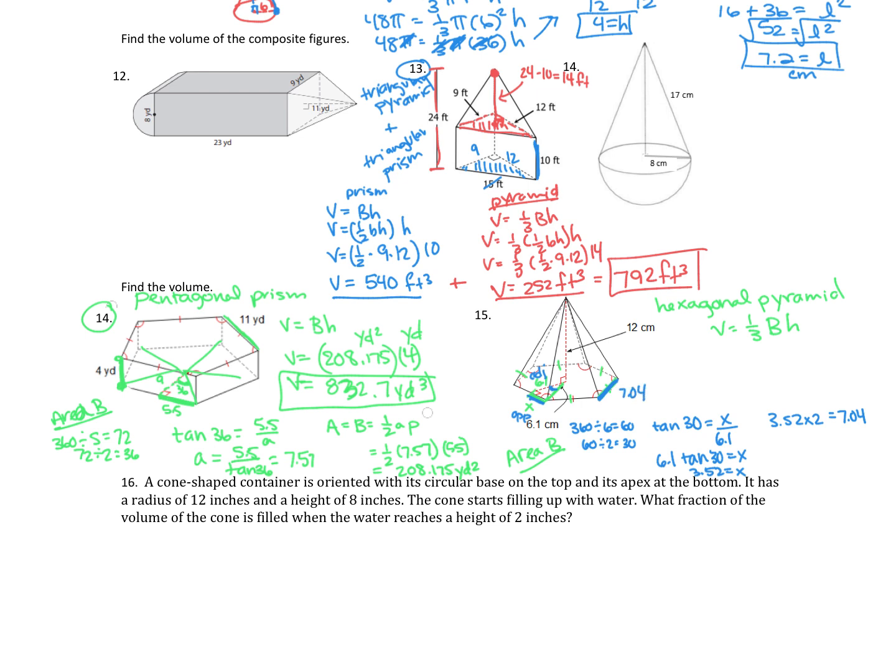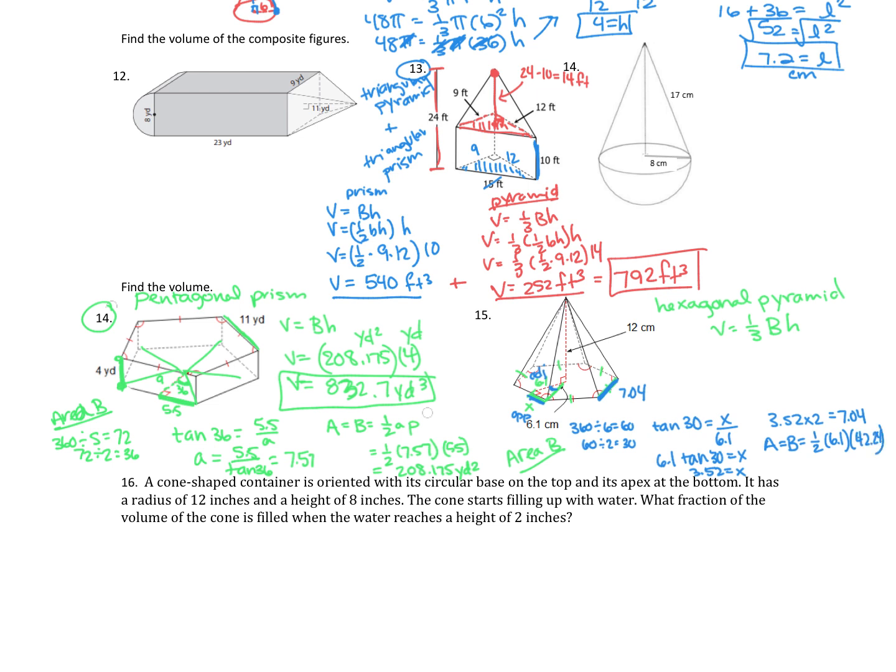That's going to help me find my perimeter, because I know the area of this hexagonal base, which is my big B in my volume formula, is 1/2 the apothem, which is 6.1, times the perimeter. So 7.04 times 6 is going to give me 42.24.